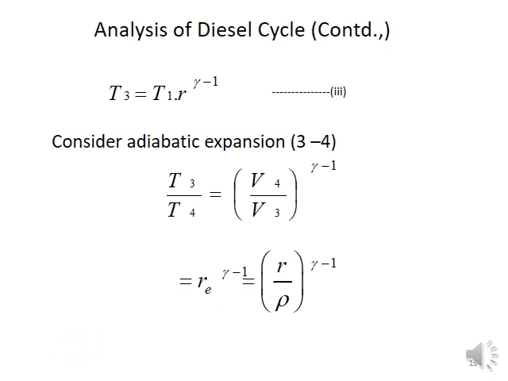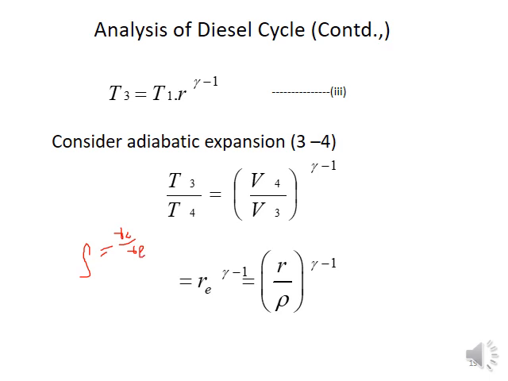And we know that the cutoff ratio rho is equal to compression ratio rc divided by expansion ratio re. So in place of re I am writing rc by rho.